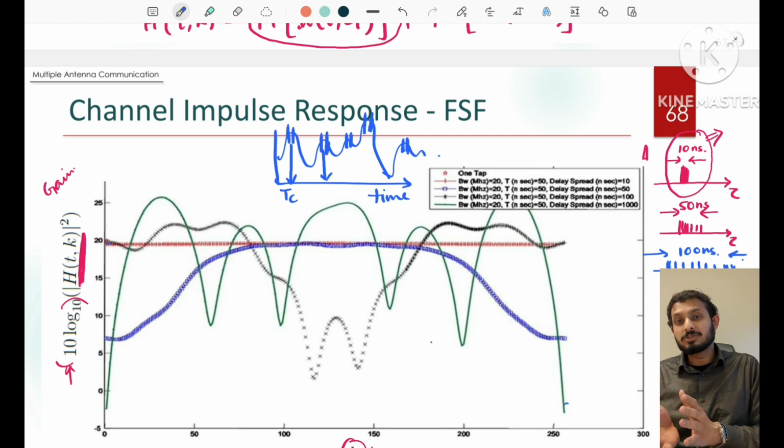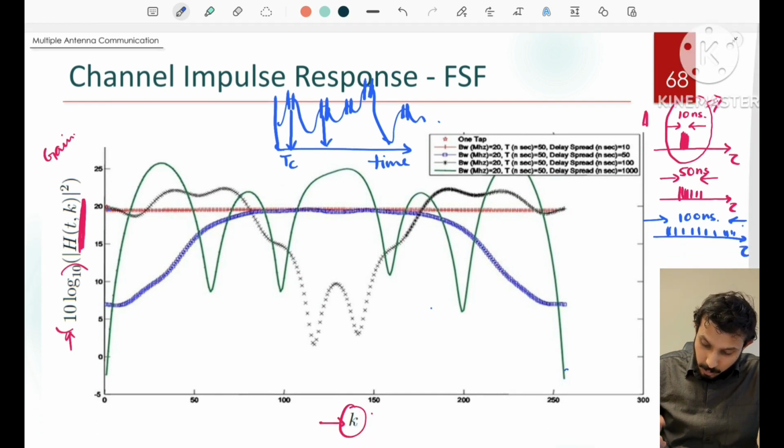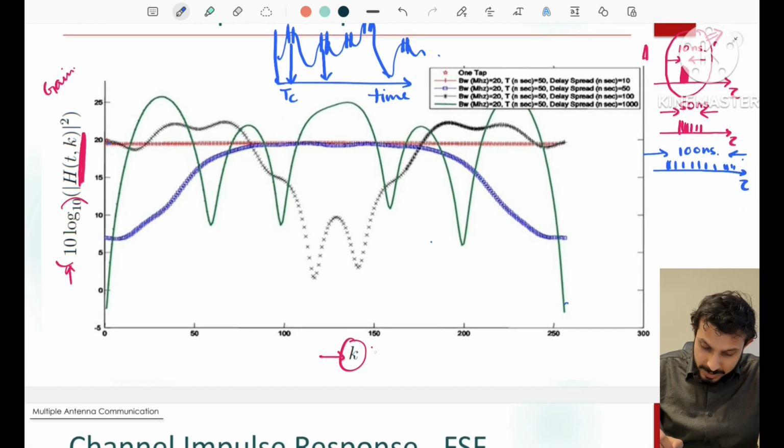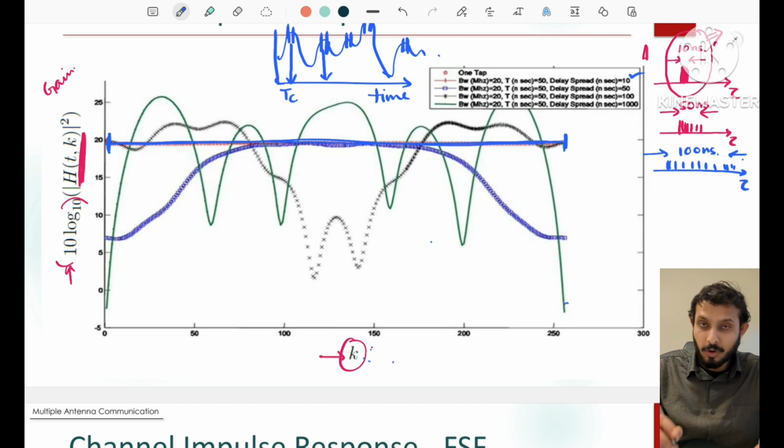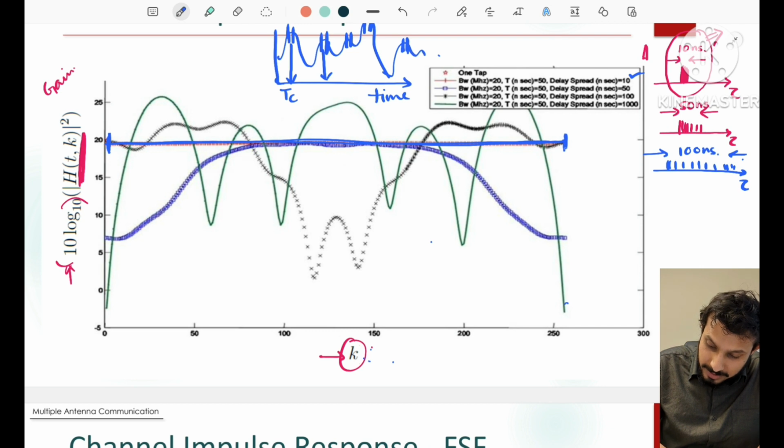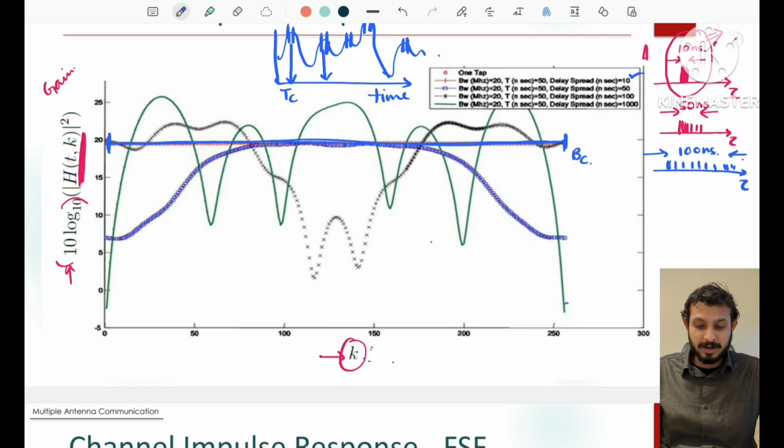The same definition applies to coherence bandwidth as well. In coherence bandwidth, this is the frequency axis. For example, in the case of 10 nanoseconds, we have this red line and it is flat. So the signal will remain correlated across all the frequency axis, and we can define this as the coherence bandwidth.